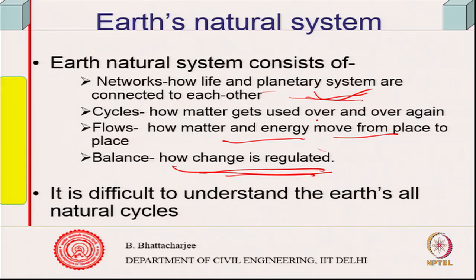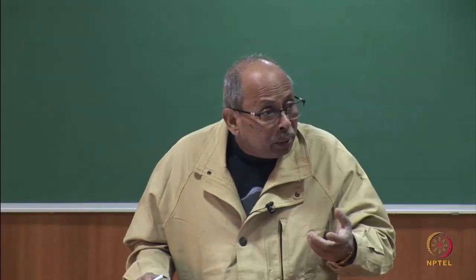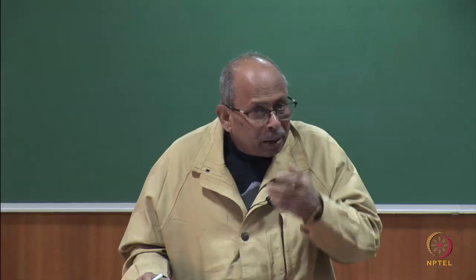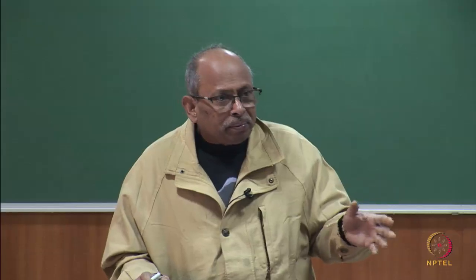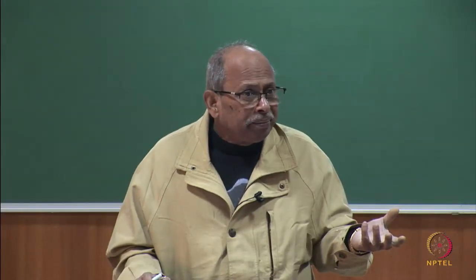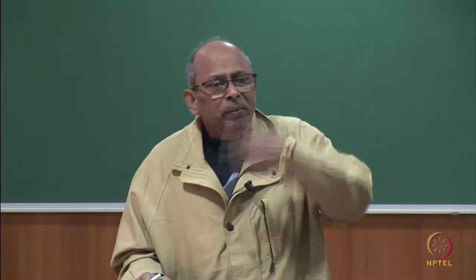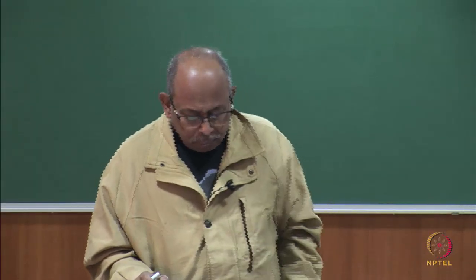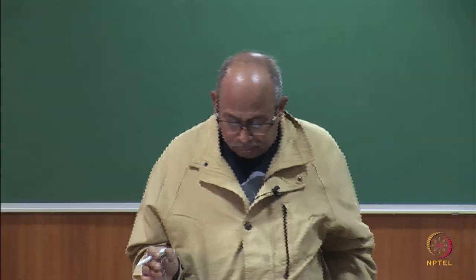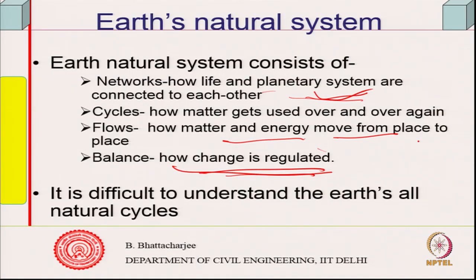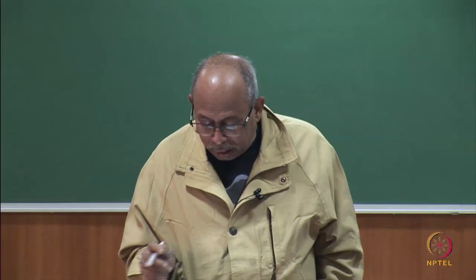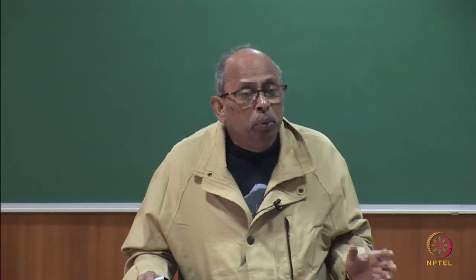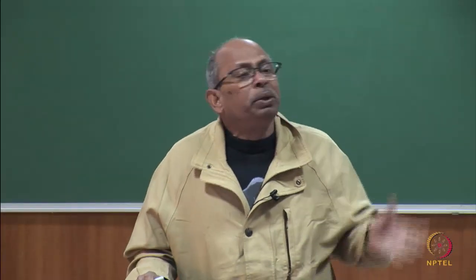You have a monsoon cycle which brings in the rain, and the water flows over the surface, groundwater flows, goes to the ocean, evaporates, and there is a cycle. That is the cycle part of it. Similarly, there is a carbon cycle, we will look into it, and then how matter and energy move from place to place.